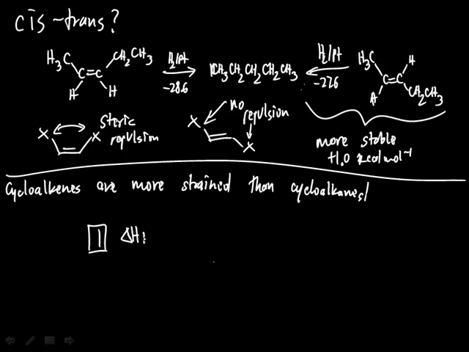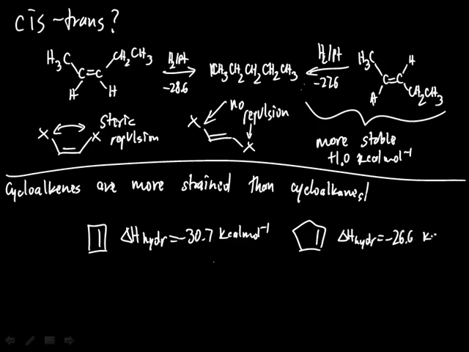So if you have cyclobutene, then delta H hydrogenation is minus 30.7 kilocalories per mole in this molecule, whereas in cyclopentene, delta H hydrogenation is minus 26.6 kilocalories per mole. Okay?